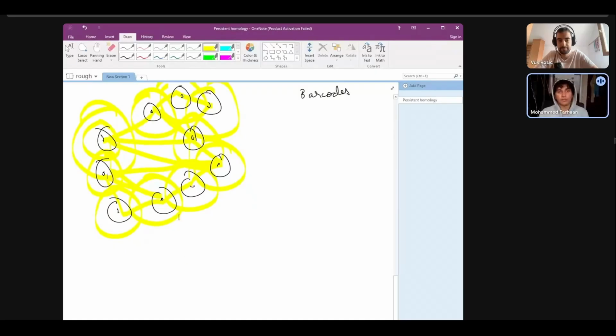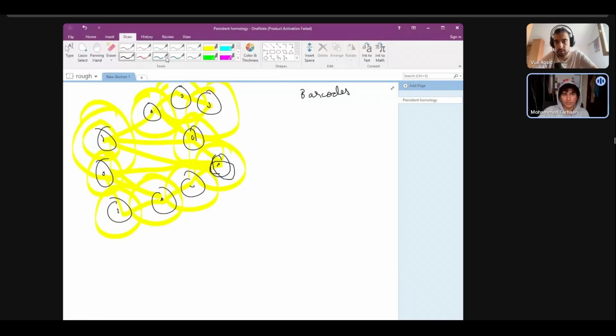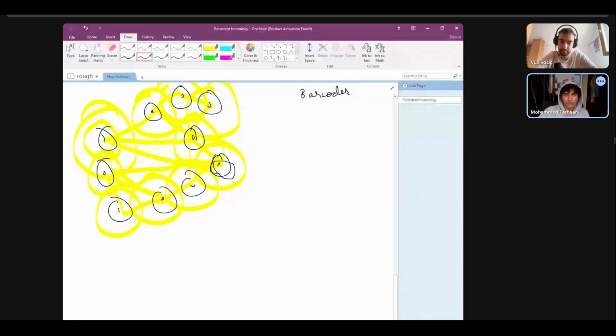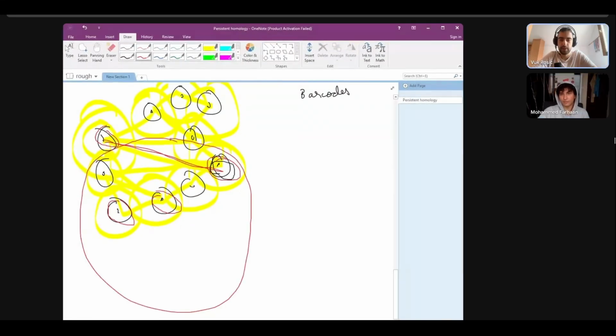What you'll notice is, suppose this point and this point are really far apart. For these two to be connected, the radius has to be at least half the distance between them.